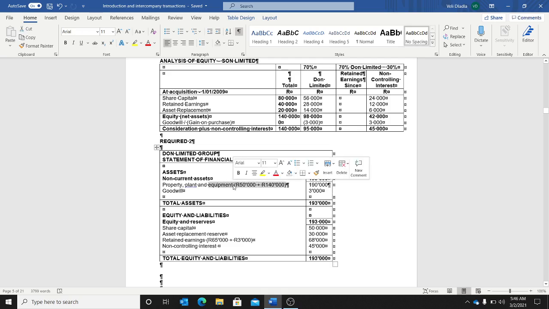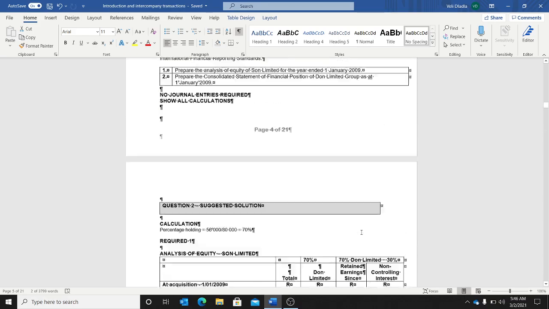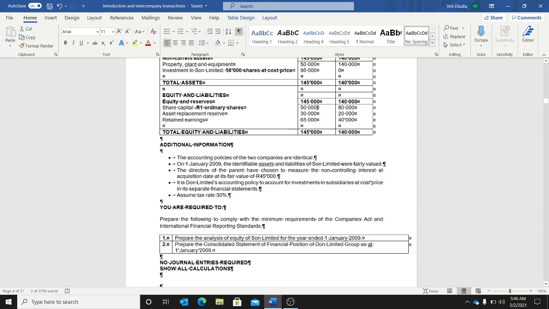Goodwill, you show it here under non-current assets. This 3 is this one here. You are showing that one. Then you come here. The 50 is always share capital. We must always put the share capital of the holding company. It's 50,000, which is this one.